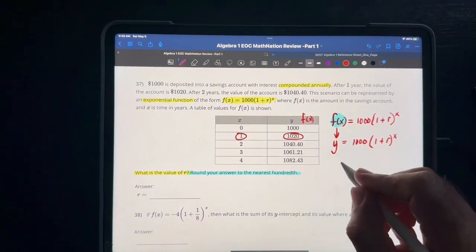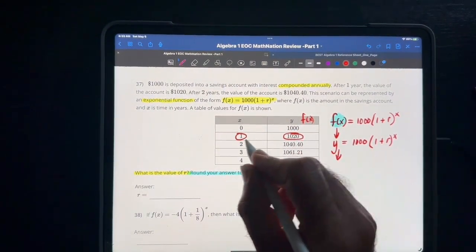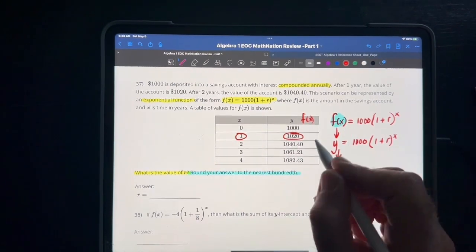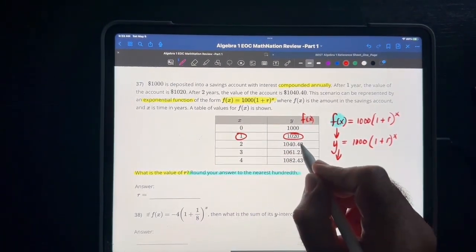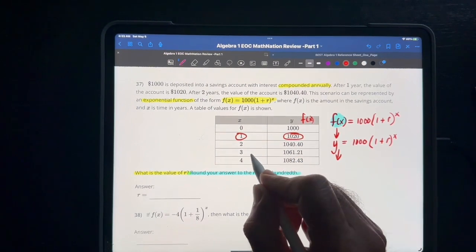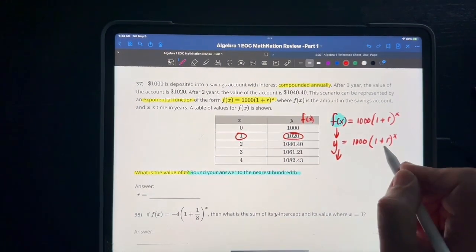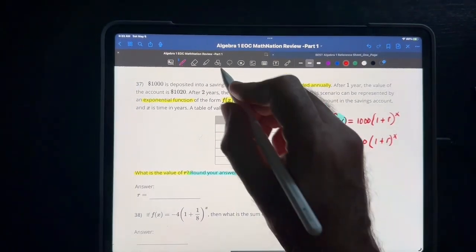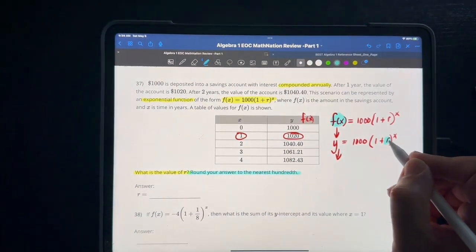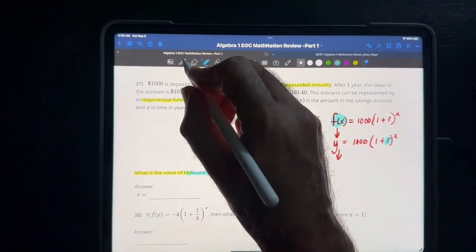So 1 plus r. Now I'm going to use one of these points. Why did I pick this one? I don't know. It's probably easier, right? But you could have used any of these points and plugged it in here, because we're going to try and solve for R. That's what they're asking you to do.